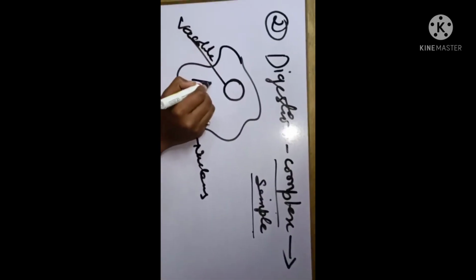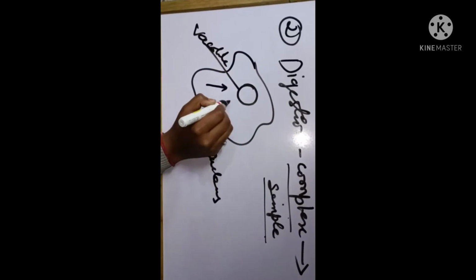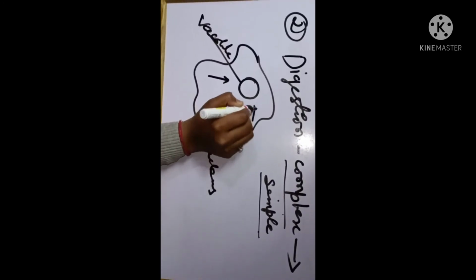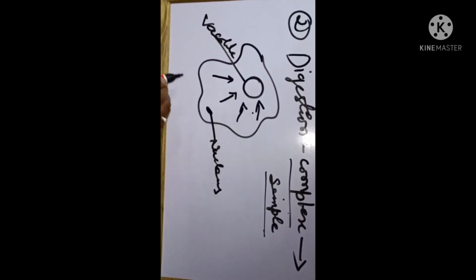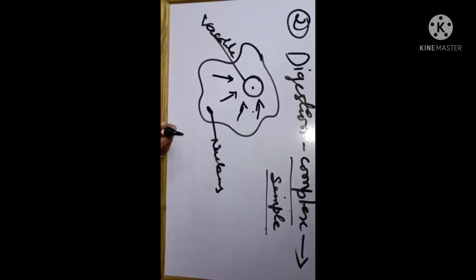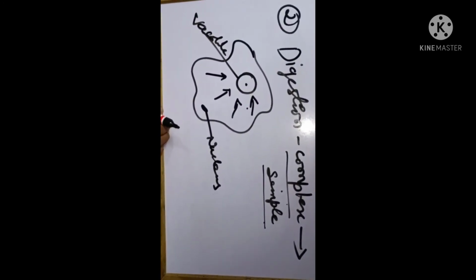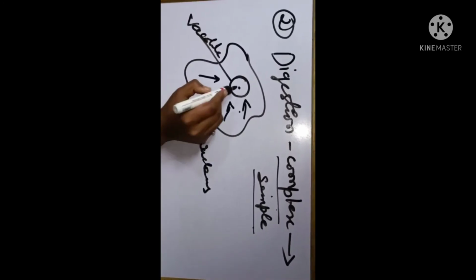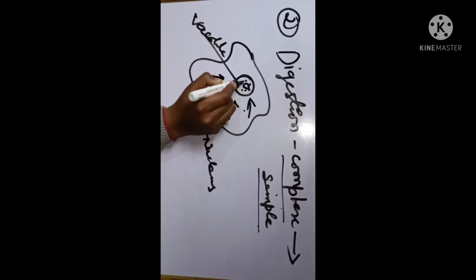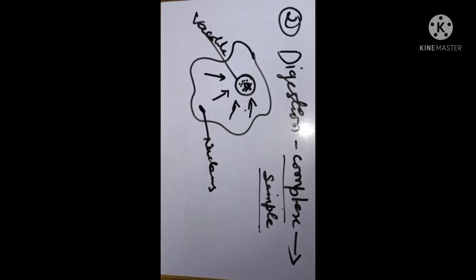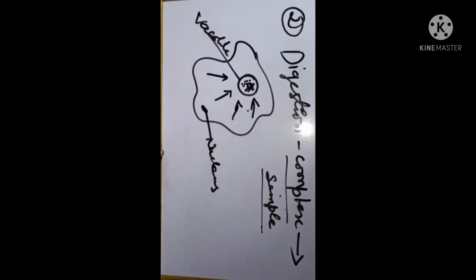This is the nucleus and this is the vacuole. All the digestive enzymes present in the cytoplasm enter the vacuole from the cytoplasm, and in the vacuole they start digesting the food by certain chemical reactions. So inside the vacuole the food material is converted into small, simple substances which are water soluble.